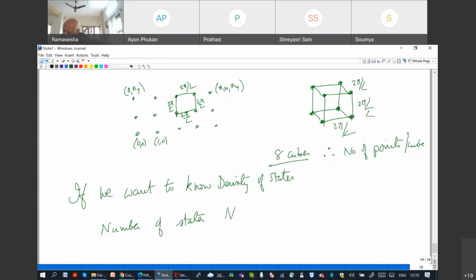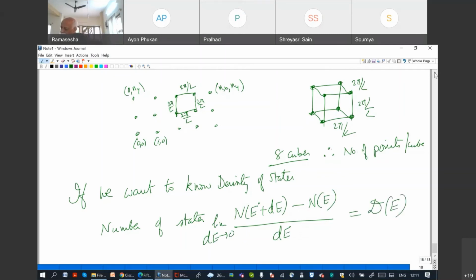Let me write down the expression, then you will know. N of E is the number of states between energies E and E plus dE, in the limit dE tending to 0. This is called the density of states.